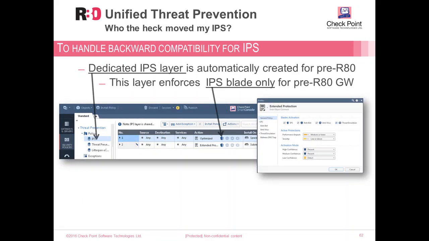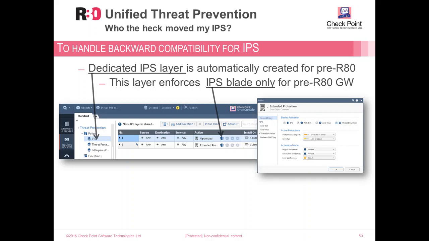When creating a new security gateway inside the management server that is of a version earlier than R80, so an R77.30 gateway for example, and enabling the IPS blade on this gateway, a new layer is automatically created inside the threat prevention policy.